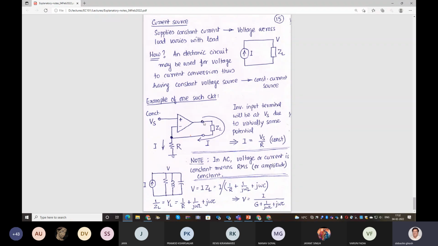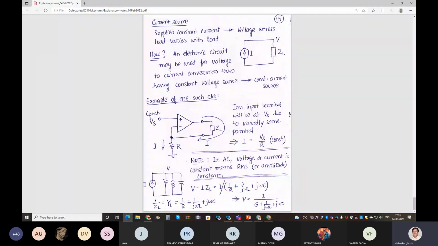So basically up to this it is the current source part: the voltage source, and one simple op amp connected to it with one resistance like this. This is your load connected to the current source. This is how you make it. It's a simple one, just for your understanding. This is a simple current source, where a constant voltage source is basically converted to a constant current source.